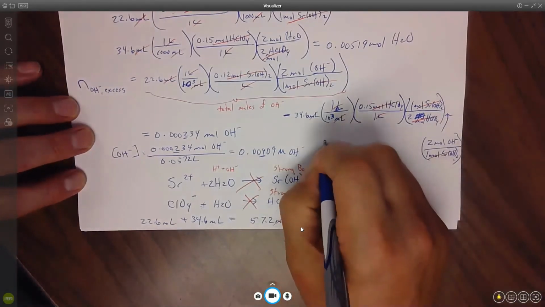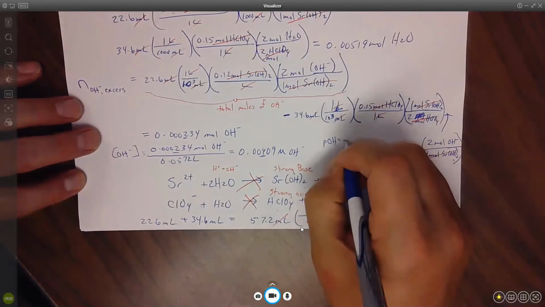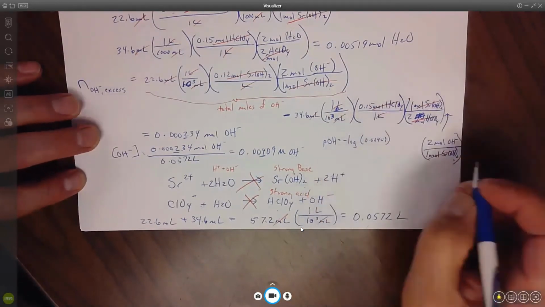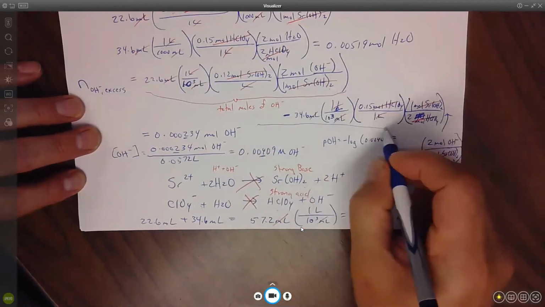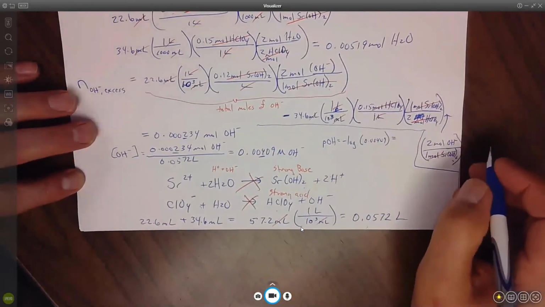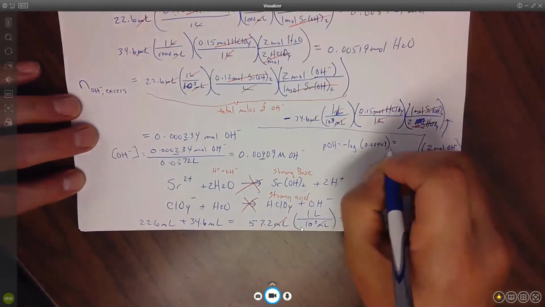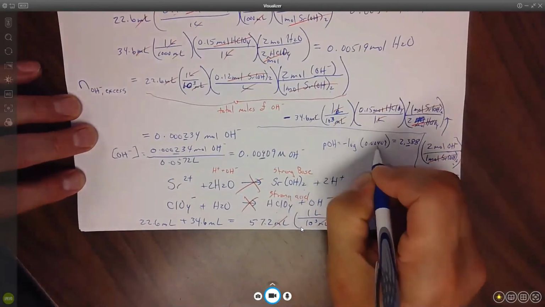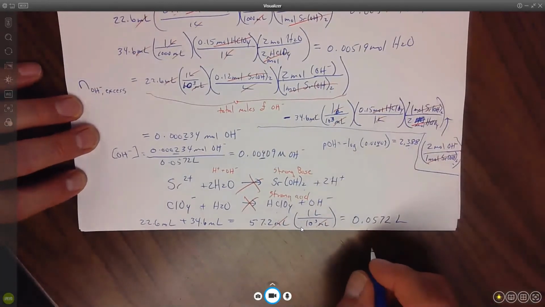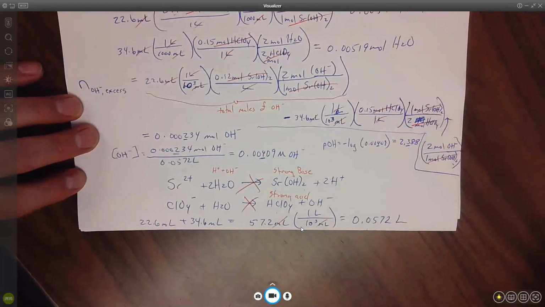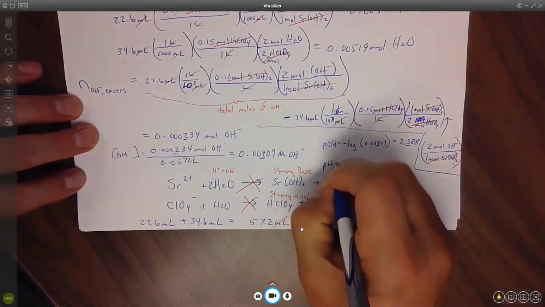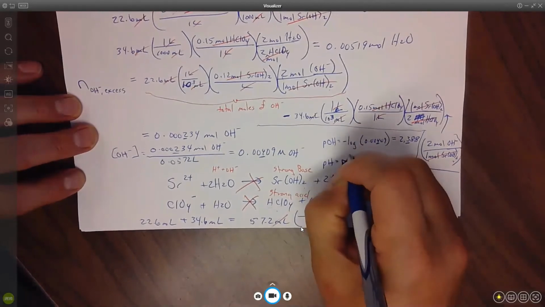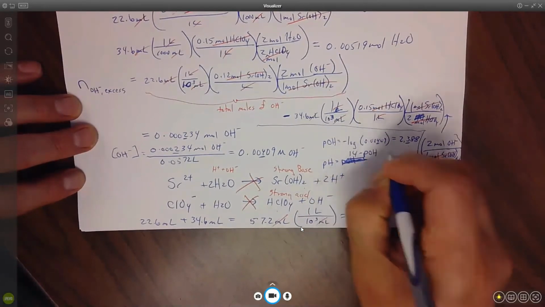To get the pOH then, I'm going to take the negative log of 0.00409, and that's going to give me a pOH of 2.388. Now we have one sig fig, so we'll have one decimal place. And then again, the pH plus the pOH is equal to 14. So the pH then is going to be 14 minus the pOH.